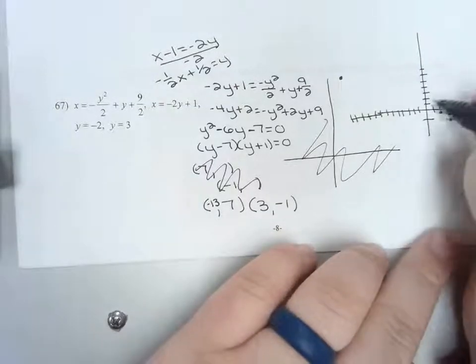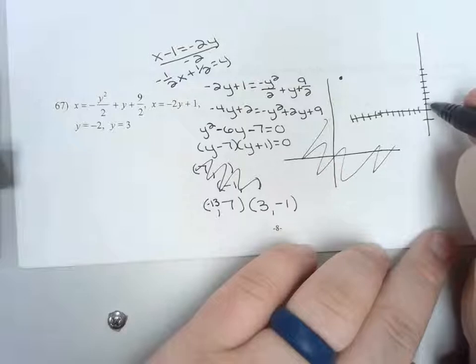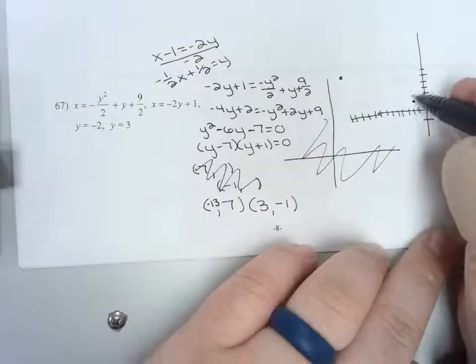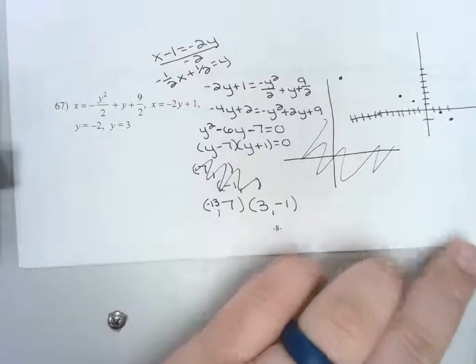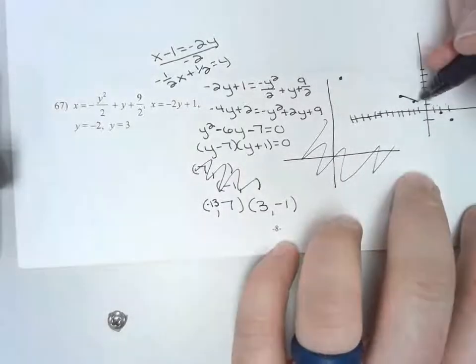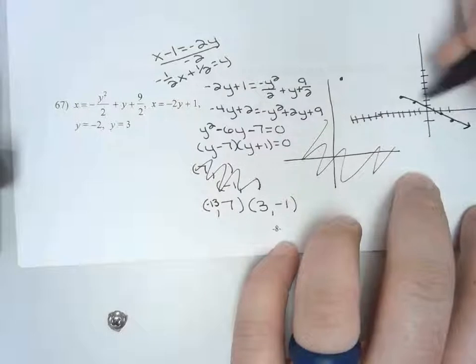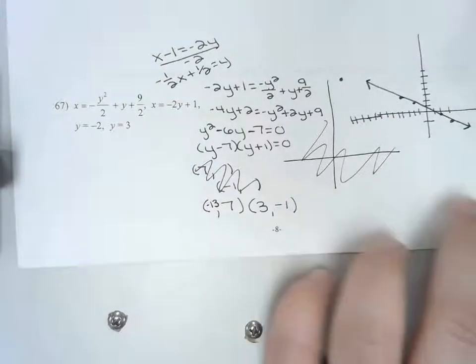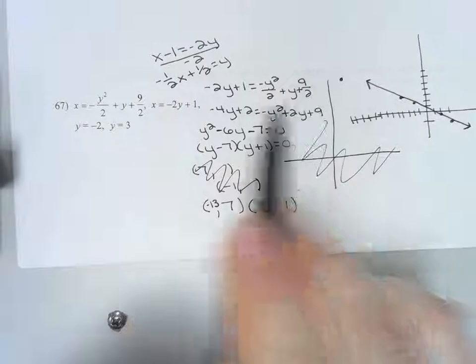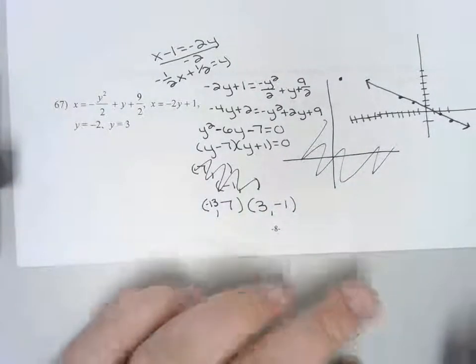And then I can also go up 1, left 2, something like that. It's not perfect, but it's close enough. So there's my line. I don't have to go all the way out to here because I'm only worried between negative 2 and 3.